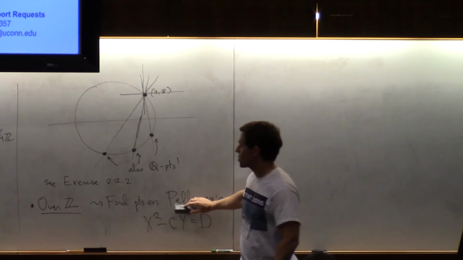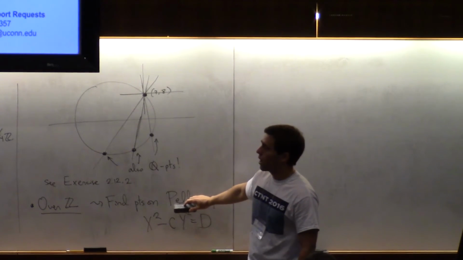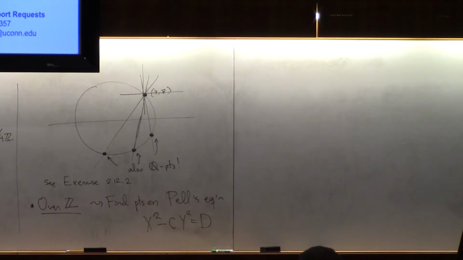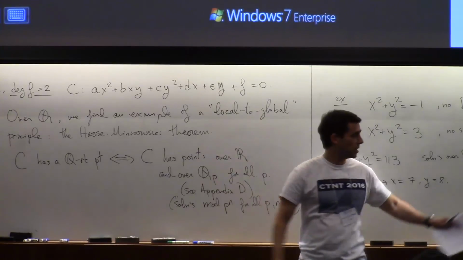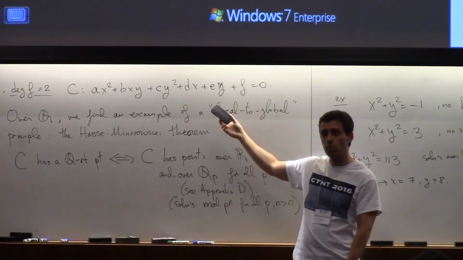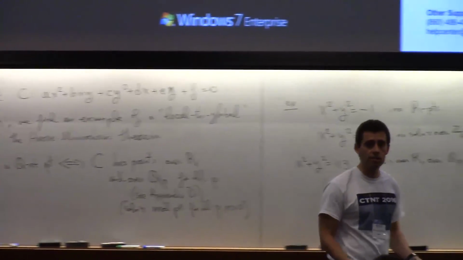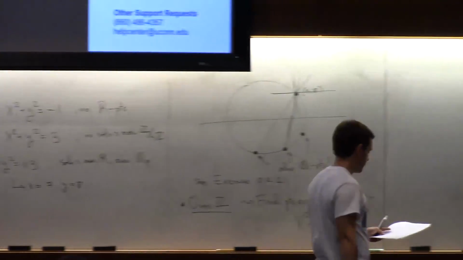Pell's equation comes up because the conics can be classified into ellipses, parabolas, or hyperbolas. Pell's equation is the hardest one, the hyperbola case. The parabola case and the circle case are easy to parameterize.